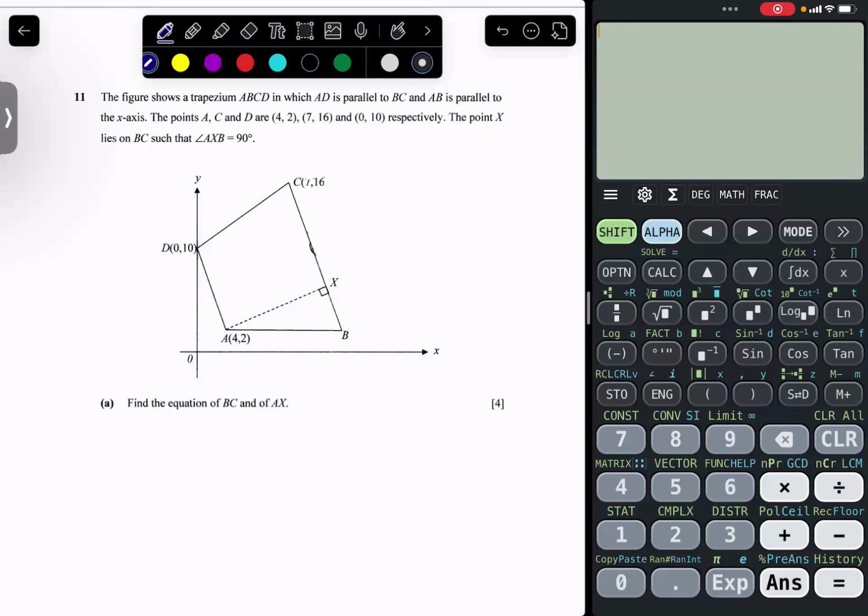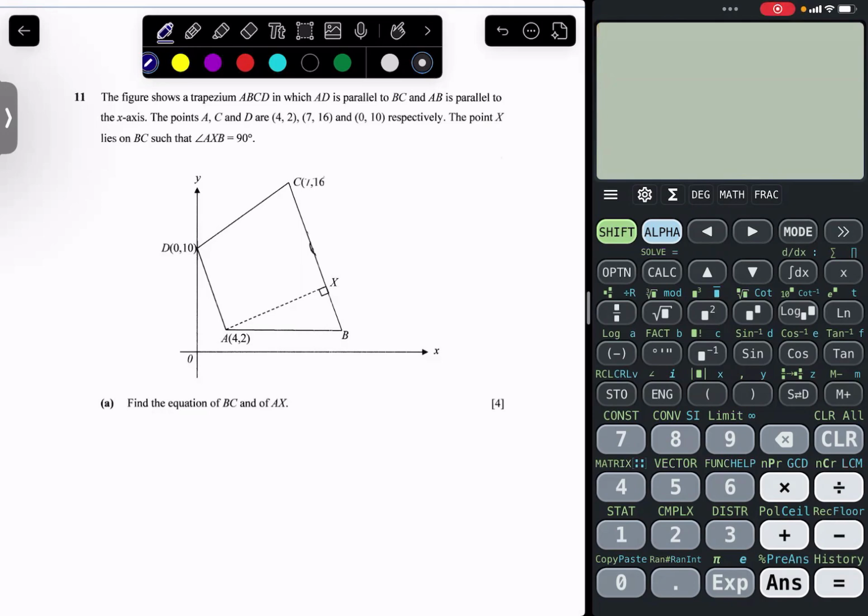The figure shows a trapezium ABCD in which AD is parallel to BC and AB is parallel to the x-axis. The points A, C and D are (4, 2), (7, 16) and (0, 10) respectively. The point X lies on BC such that angle AXB is equal to 90 degrees. Find the equations of BC and AX.